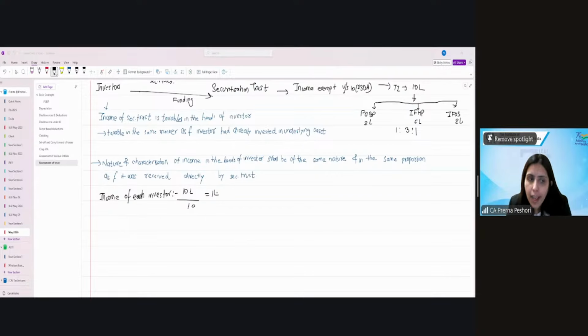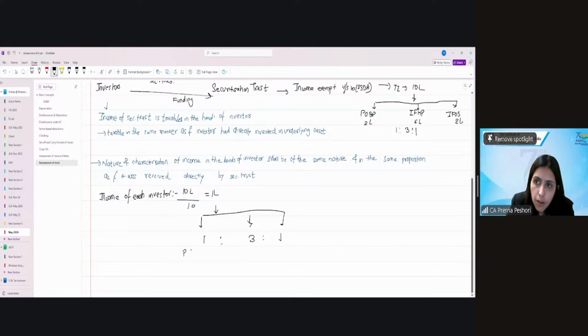Now this 1 lakh will be characterized, the nature and the characterization of it would be the same as it is in the hands of the securitization trust, and in the same proportion also. So out of 1 lakh, 1:3:1 will go under the head of PGBP, IFHP and IFOS. Are we clear about this, students? Yes or no? Yes, ma'am.